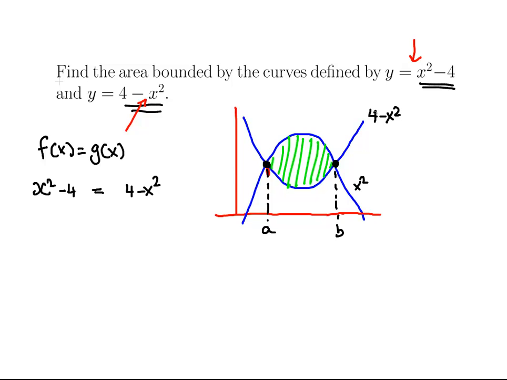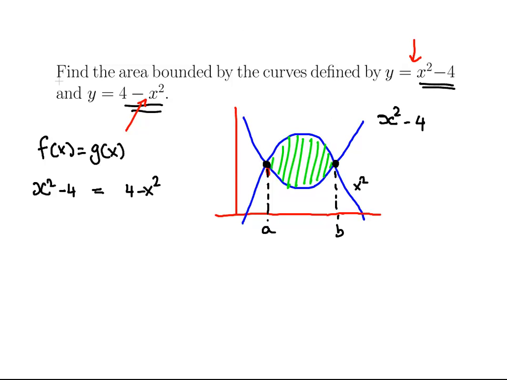Sorry, that's the wrong way around. This is x squared minus 4, the one that faces down. Whereas this one down here, the one with the negative component, shouldn't have done that, is this one down here.